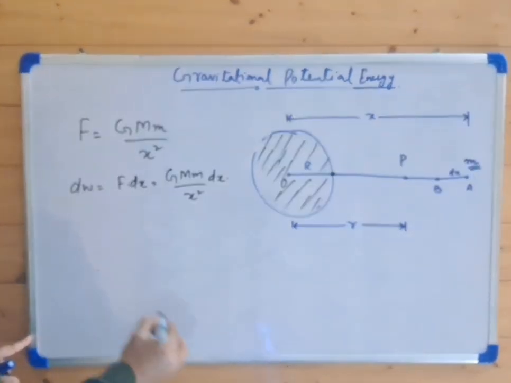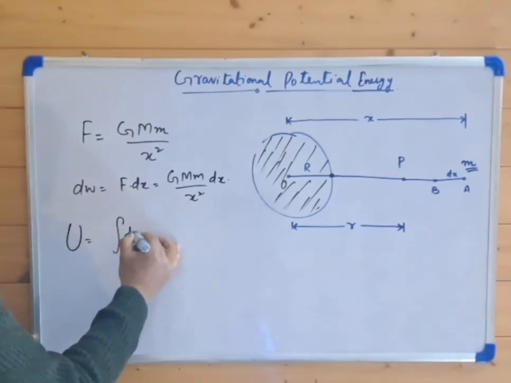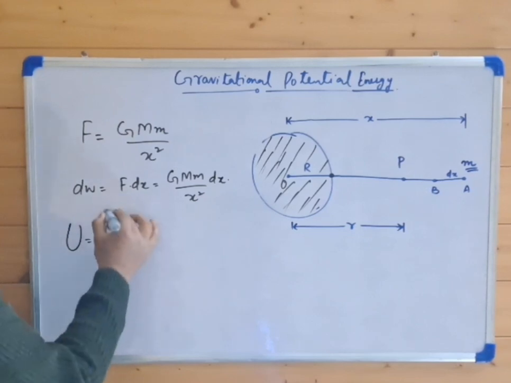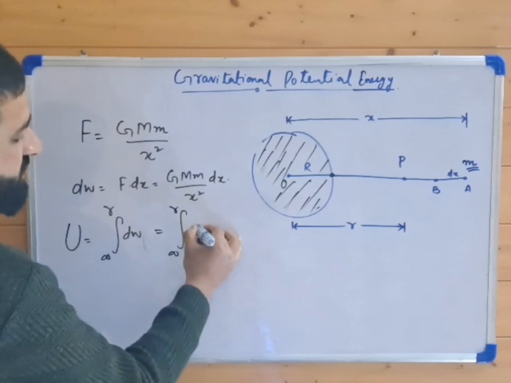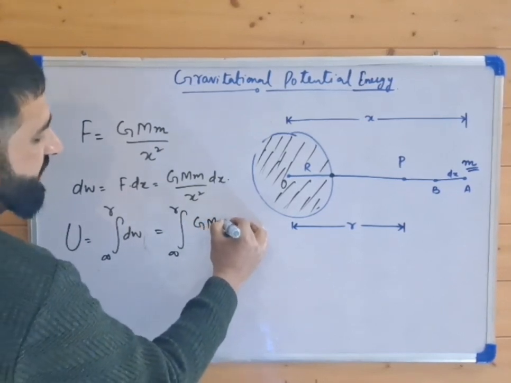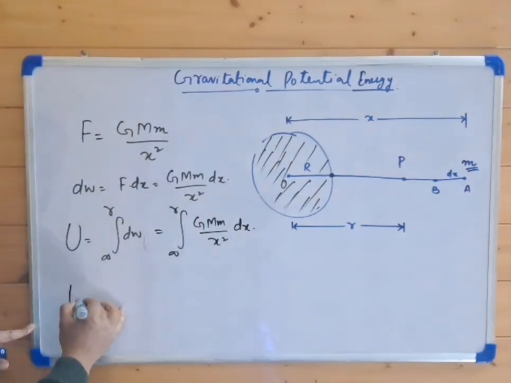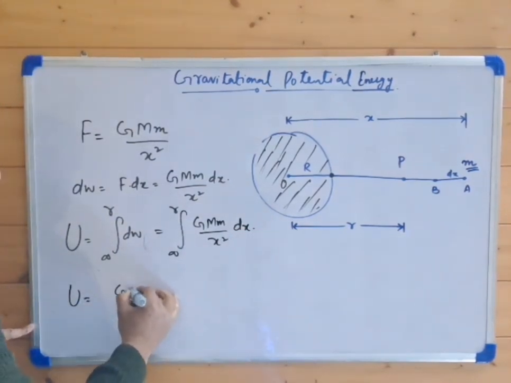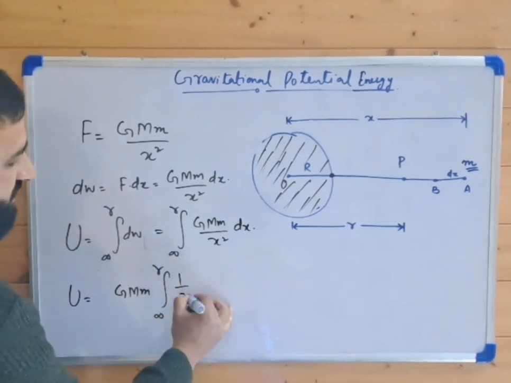Now, to calculate the potential energy U, that will be equal to the integral of this small work done from infinity to r, that is the integral from infinity to r of GMm by x squared dx. GMm being a constant, it becomes GMm times the integral from infinity to r of 1 by x squared dx.